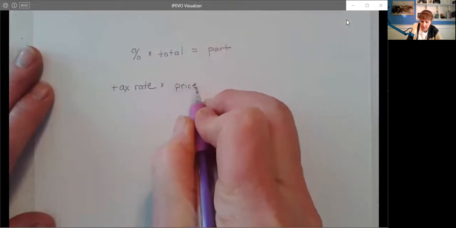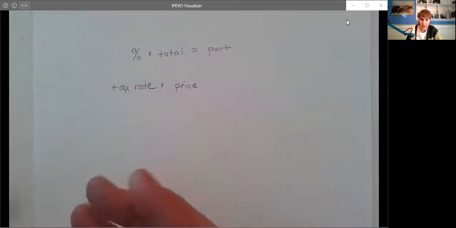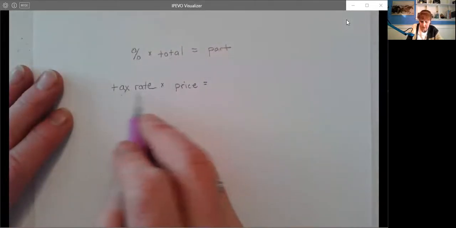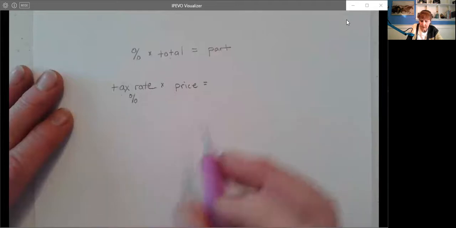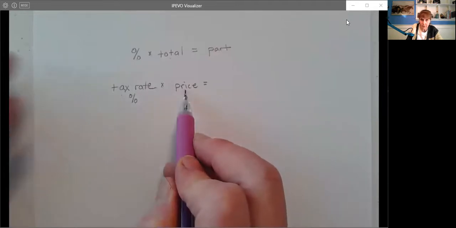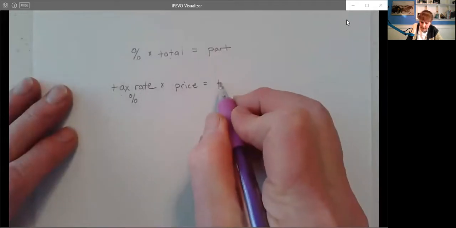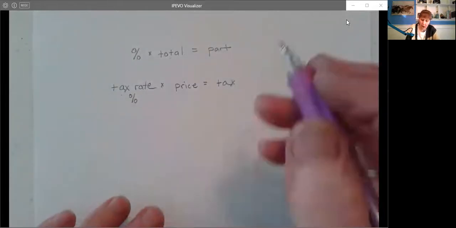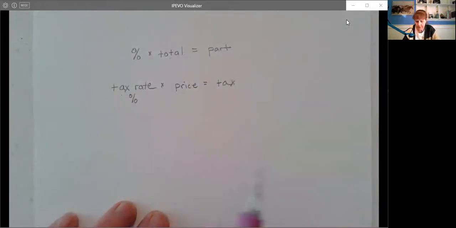If you take your tax rate, which is a percent, times the price of your item, you get the tax, the tax amount or the tax in dollars.